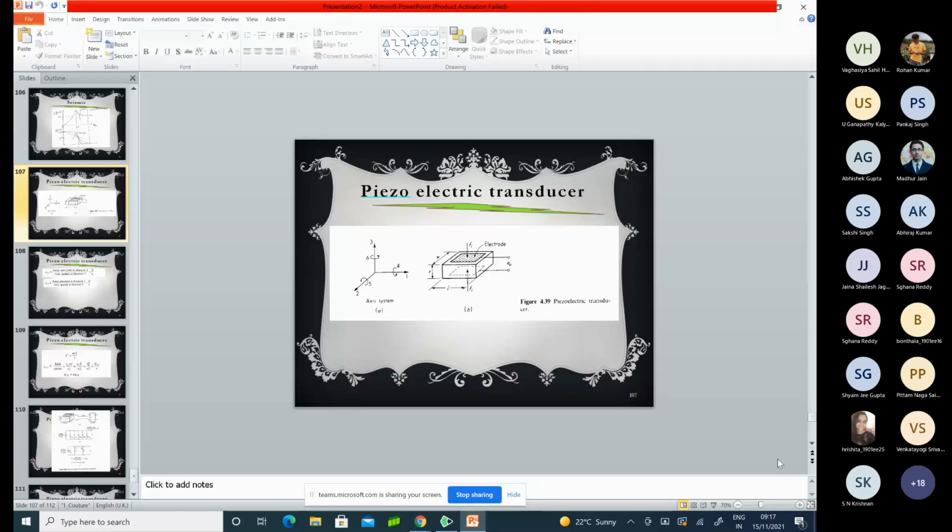Most of the students will not do anything, so let's not consider them. Those who will try to build a transducer out of the material I gave you will think that you need to either apply a voltage so that you get deformation and use that deformation, or you deform it and measure the output voltage.